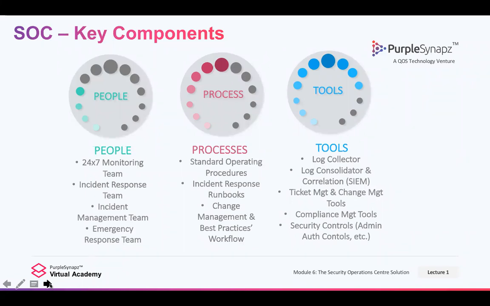What are people required to do? Let's read this. They are supposed to monitor the screens on a 24/7 basis. Then they are required to respond. When they respond, they follow the guidelines set by others. Those guidelines are processes, the run books.